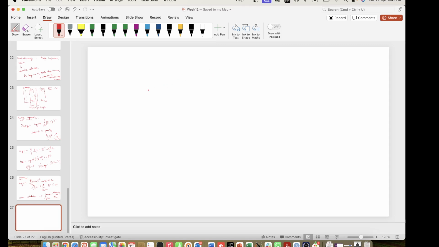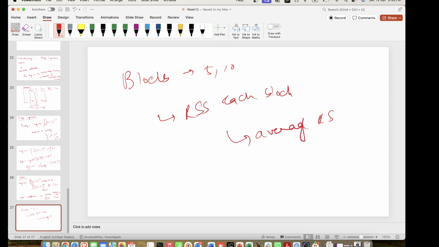We get the RSS for each block, then take the average RSS, and then find the lambda that gives the minimum average RSS.